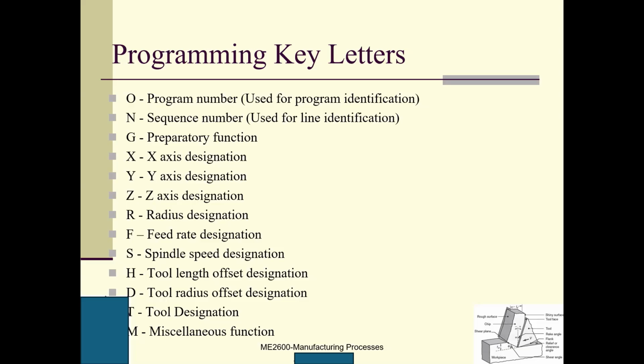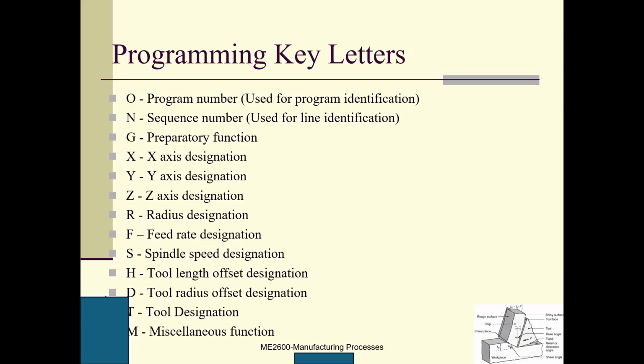Then the X-axis designation, Y-axis designation, and Z-axis designation. R is the radius, the radius of the tool or a radius designation. F is the feed rate. S is spindle speed. H is the tool length offset designation.